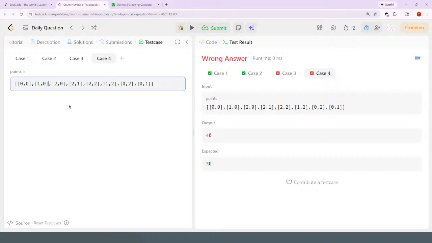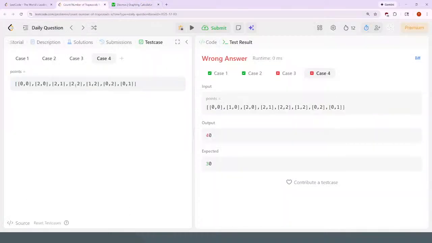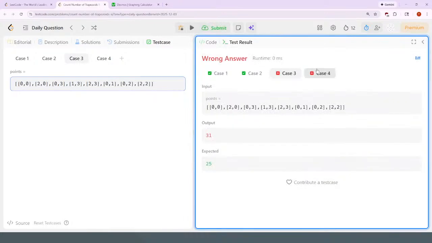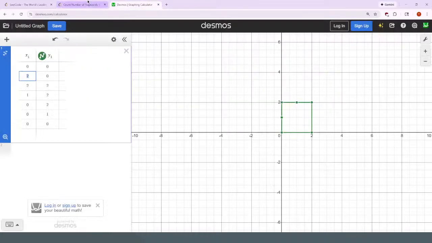So removing these 1, 0 and the 2, 1. Okay, it has to be. Okay, so it's 6, and I counted 7 using my original thing here, so 6. So the whole square is a trapezoid.